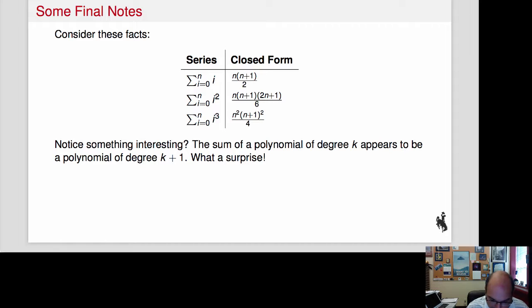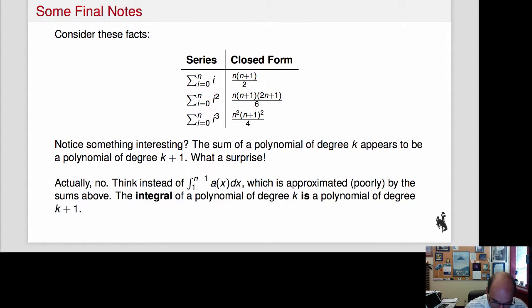When I'm adding i cubed, I get n squared times n plus 1 squared. N plus 1 squared is a quadratic multiplied by n squared, so I get a fourth degree polynomial. That's really interesting. If I add up a polynomial of degree k, I end up with a polynomial of degree k plus 1. That's shocking. Actually, it's not really shocking.